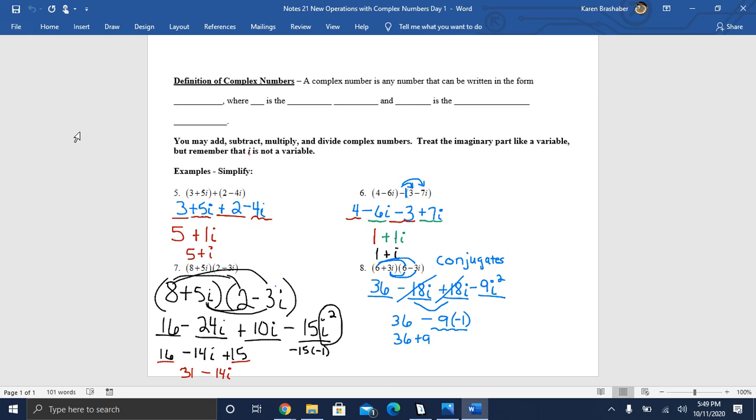And 36 plus 9 is going to turn out as 45. So when we multiplied the conjugates, we ended up with a real number, a single number that did not have an i term anymore. So there's your introduction to complex numbers. We'll be using those as we work with the quadratics.